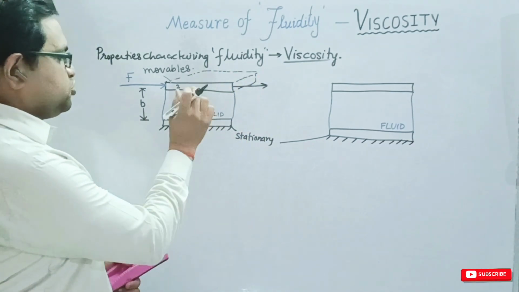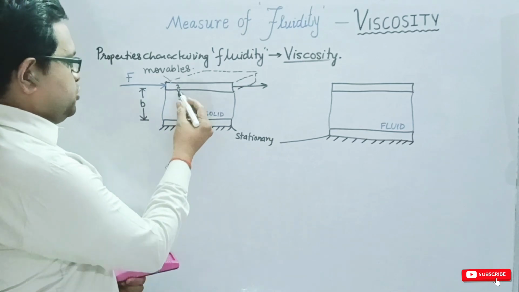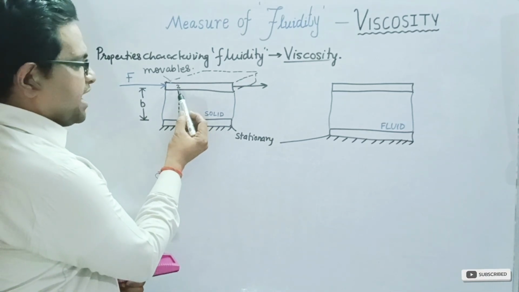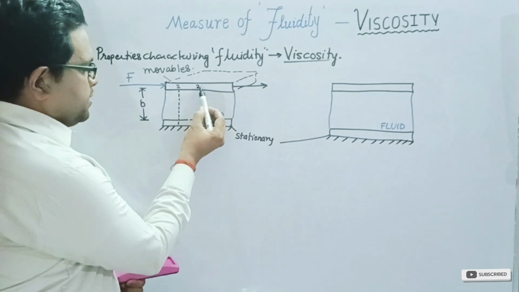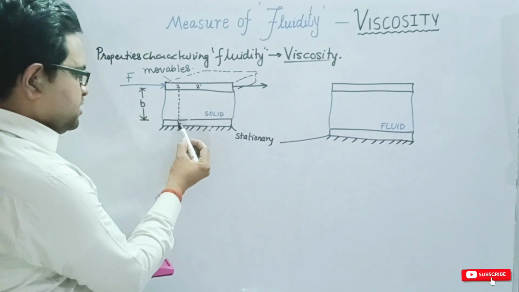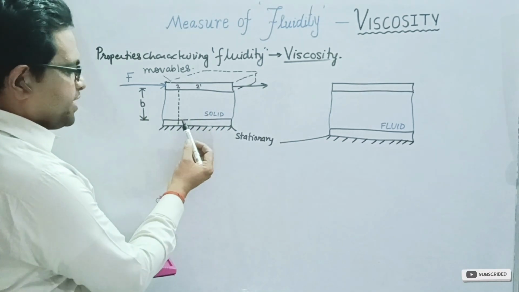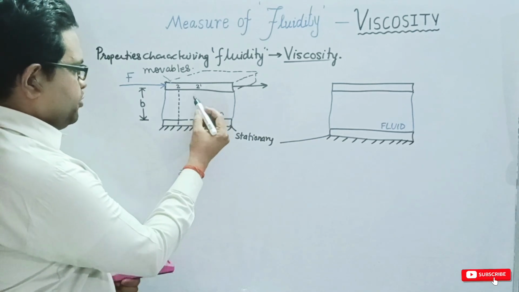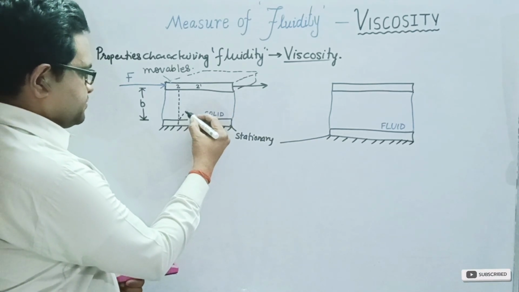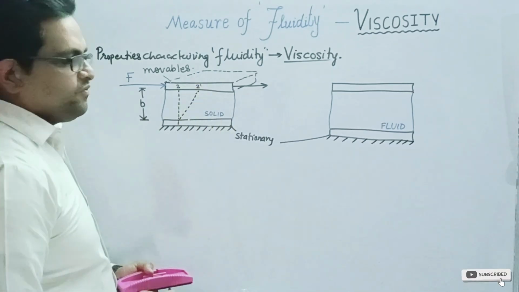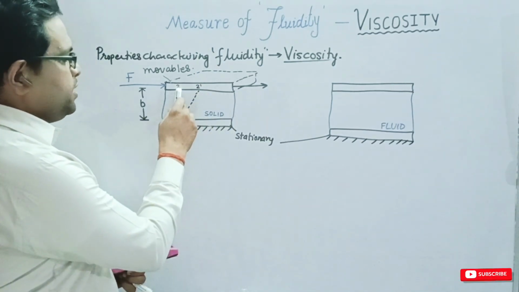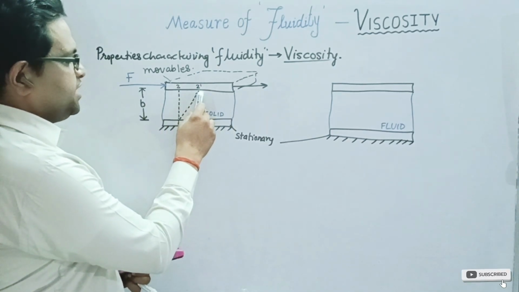And what happens in the solid, this 1, 2, is that the point 2 will get traversed to a new position, say 2 dash, whereas the point 1 will not get traversed. So we will denote it something like this. So what we find here is that the point 2 is getting traversed to a new position 2 dash.